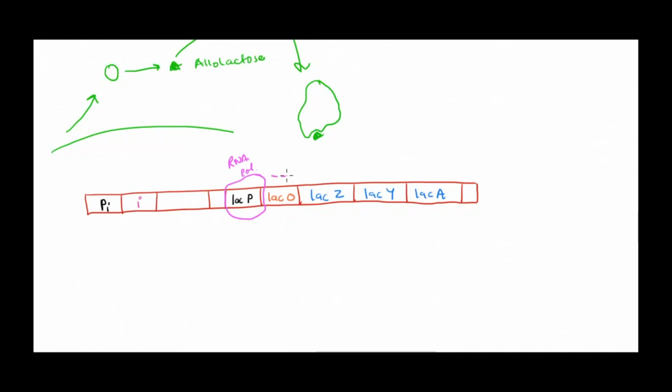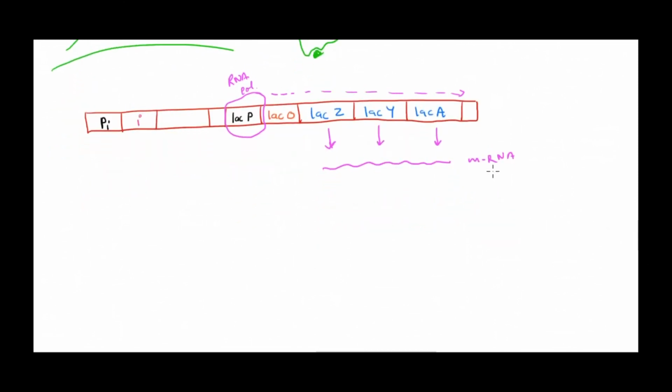and it can easily pass through the operator and will start synthesizing all three enzymes: beta-galactosidase, lactose permease, and transacetylase. As the genes are expressed, one single polycistronic mRNA will be produced. Now it's a bacteria, right?